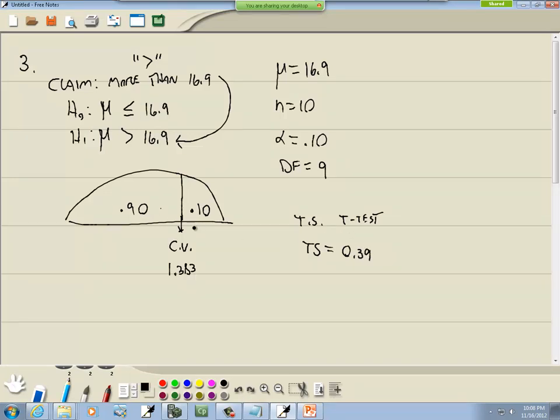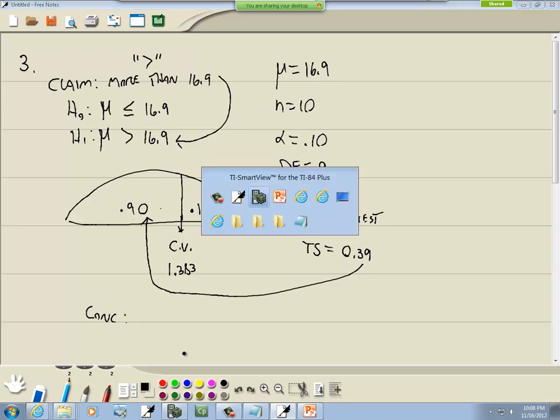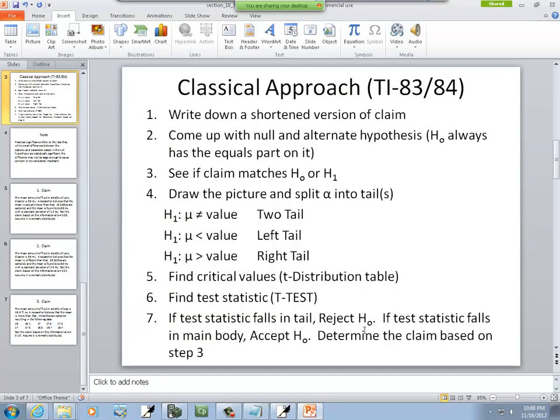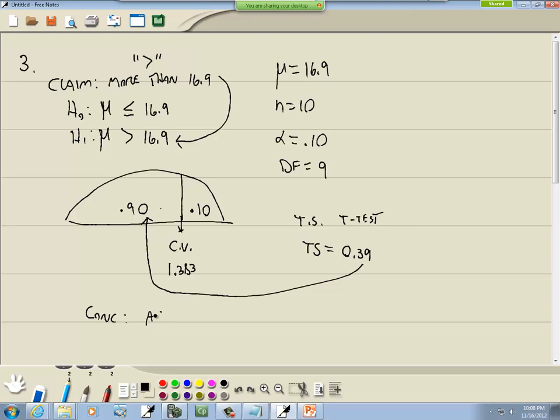Now here's a number line. Here's 1.383. 0.39 would fall over here. So our conclusion: our test statistic has fallen in the main body. It says if the test statistic falls in the main body, you accept H naught, which means you reject H1, because they're opposites of each other.